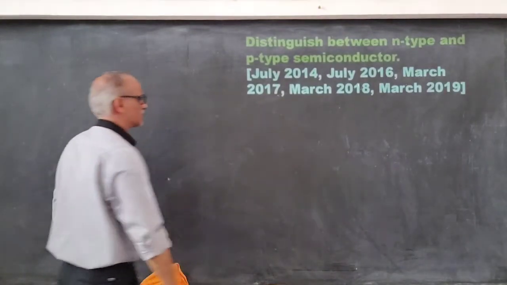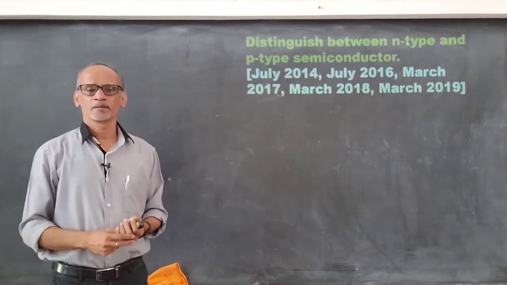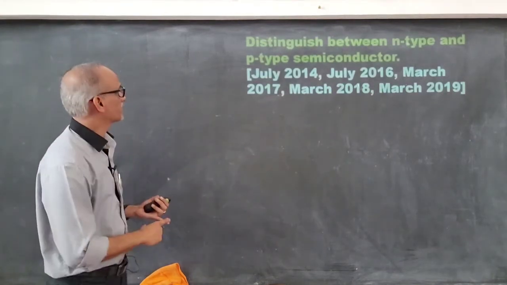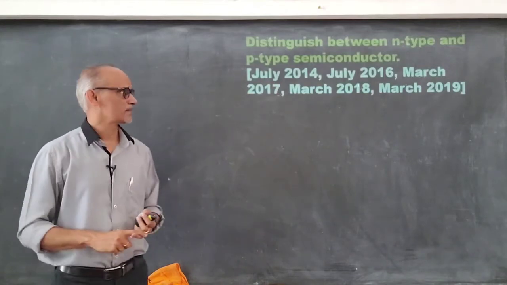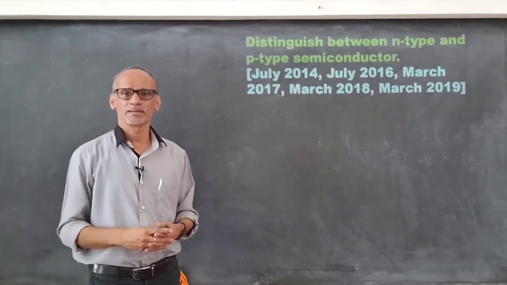Now we have two types of extrinsic semiconductor: one is N-type semiconductor and the other is P-type semiconductor. Again, this is a repeatedly asked question from the board exam point of view.